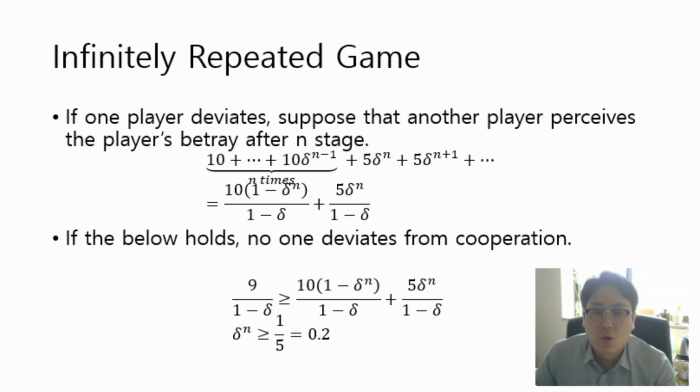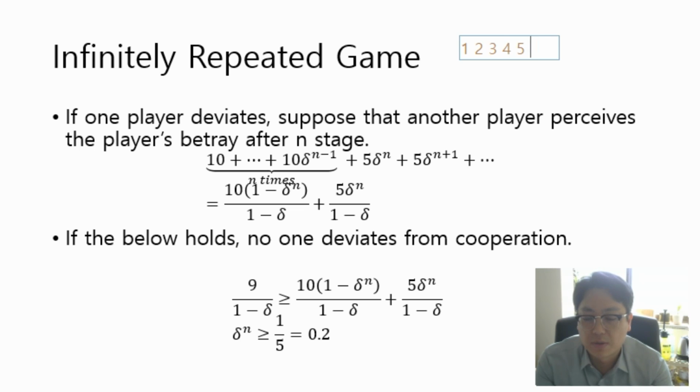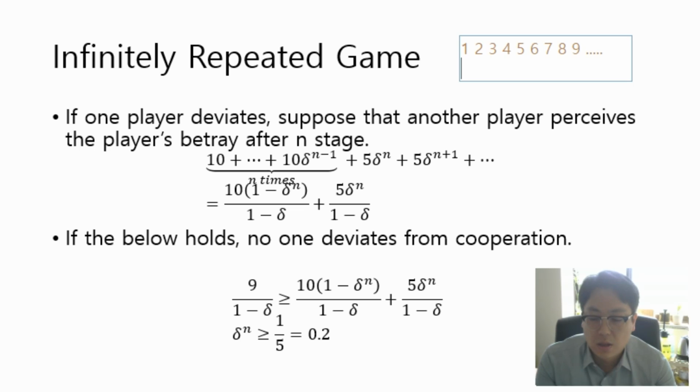Now think about if one player deviates, and we add one more assumption. Suppose that the other player perceives the player's betrayal only after n stages. So think about it. This is the first stage, the second stage is 3, 4, 5, 6, 7, 8, 9, and forever.